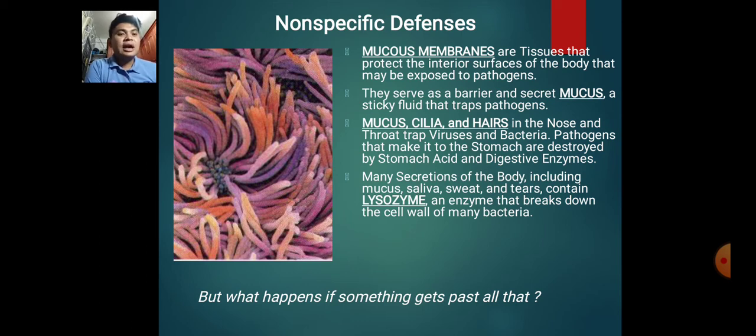Mucus, cilia, and hairs in the nose and throat trap viruses and bacteria. Pathogens that make it to the stomach are destroyed by stomach acid and digestive enzymes. Many secretions of the body, including mucus, saliva, sweat, and tears, contain lysozyme, an enzyme that breaks down the cell wall of many bacteria. Grabe, no?